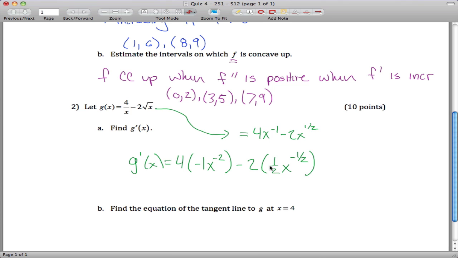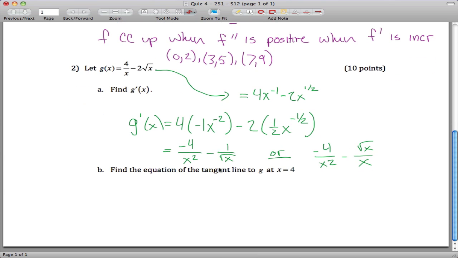If I simplify this, I get negative 4 over x squared minus, 2 times 1/2 cancels out, and x to the negative 1/2 is 1 divided by root x. If you want to rationalize the denominator, you can, but I'm fine with you just leaving it like this. Either one of these is fine, or something similar.